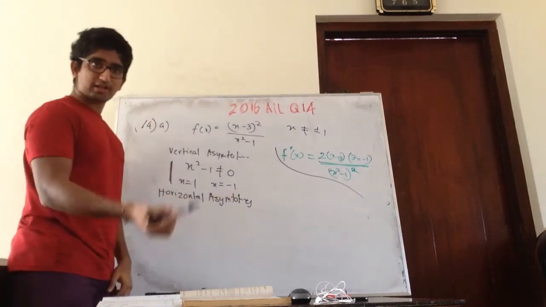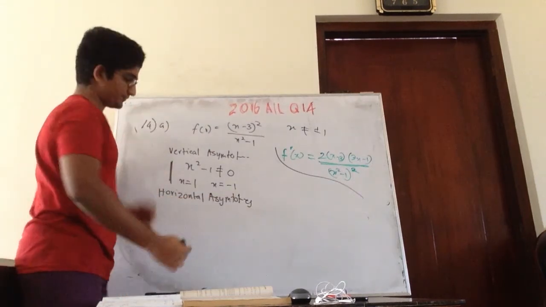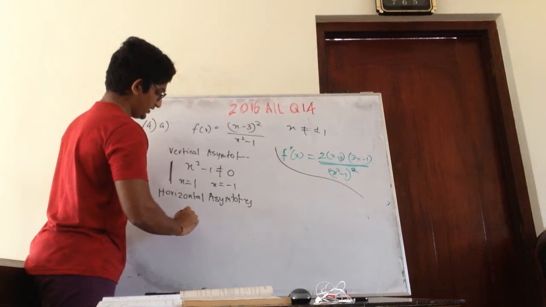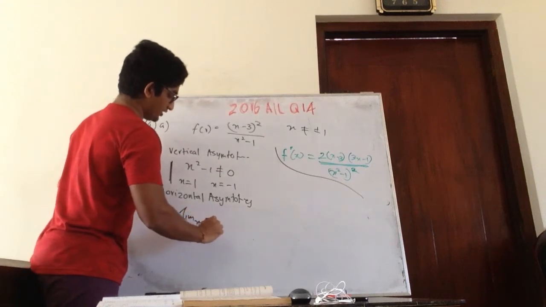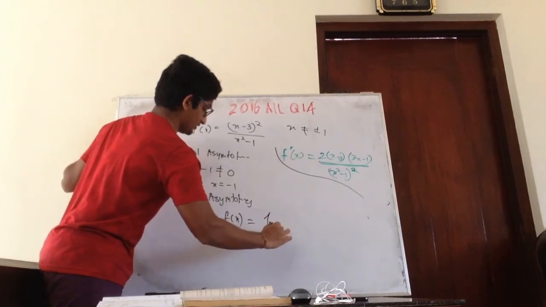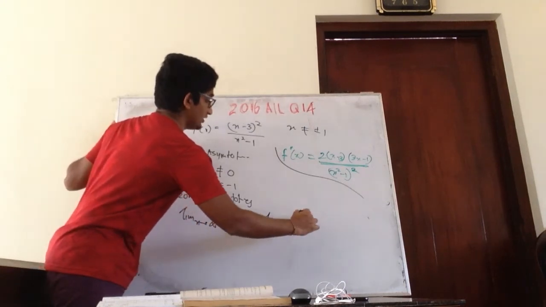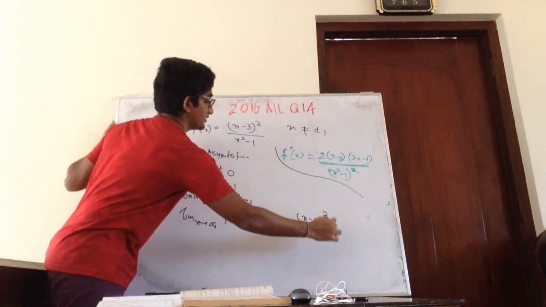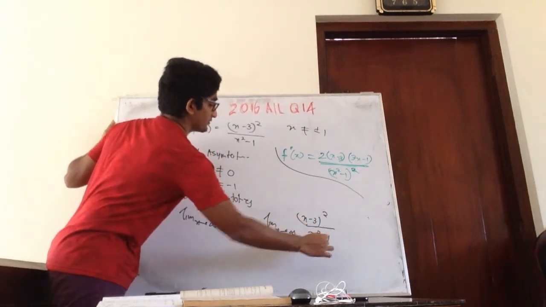So to get the horizontal asymptote, we need to take the limits. The limit as x goes to infinity of f(x), which is (x minus 3) squared over x squared minus 1.